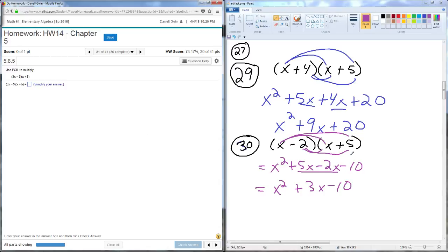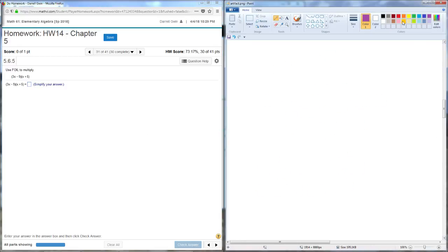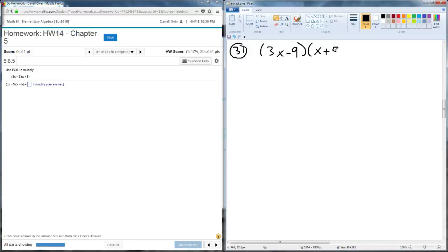I think I need to do 31 on a new page. 31 is 3x minus 9, x plus 5. Let's do that one. So 3x times x is 3x squared. 3x times 5 is 15x. Negative 9 times x is negative 9x.